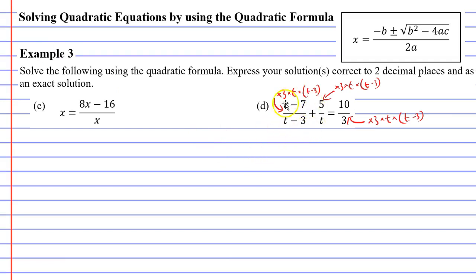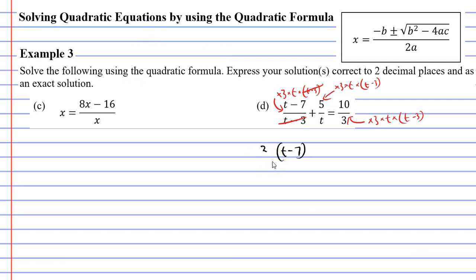So we'll start with our first term here. If we multiply it by 3t and t minus 3, the t minus 3's will cancel, leaving us with t minus 7 times 3 and times t. So I need to leave my t minus 7 in brackets because I'm multiplying this whole expression by 3t.